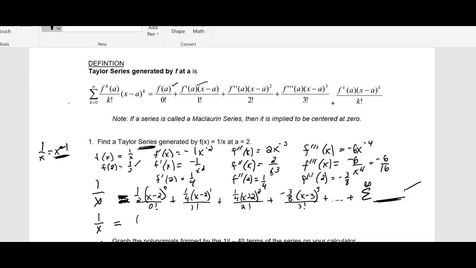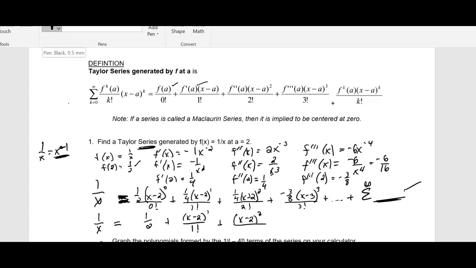So we get x minus 2 to the 0 power, so 1 over 1. Clean it up. So 1/2. This would be x minus 2 to the first power over 1 factorial. Plus, this would give us x minus 2 squared. Take 1/4. 2 factorial would just be a 2.